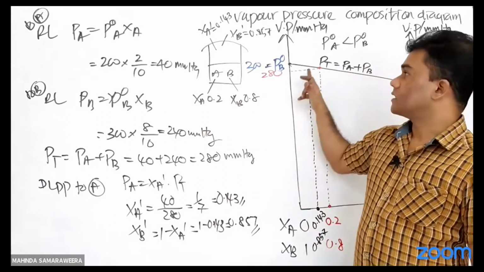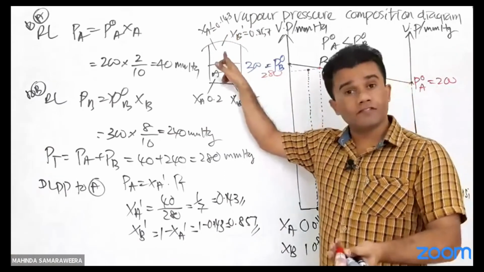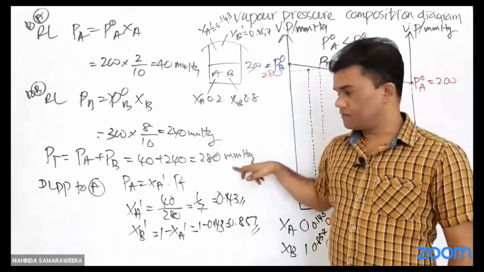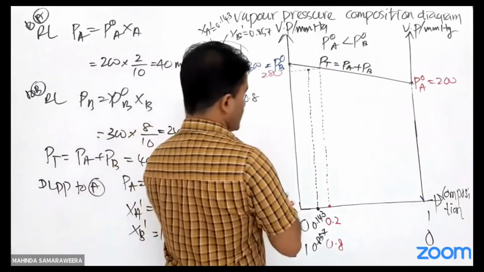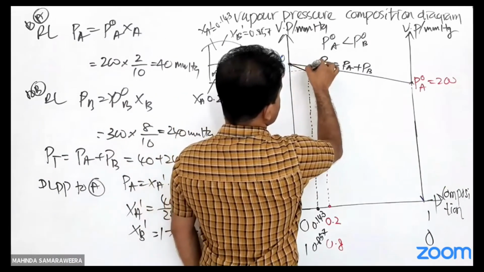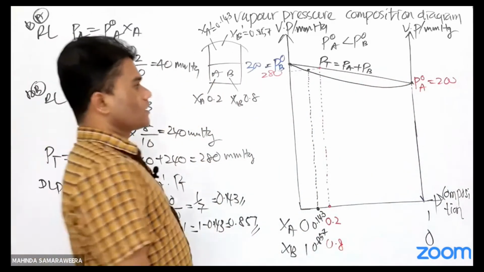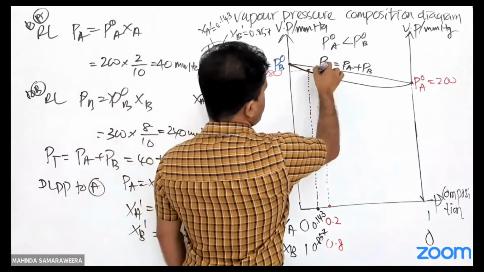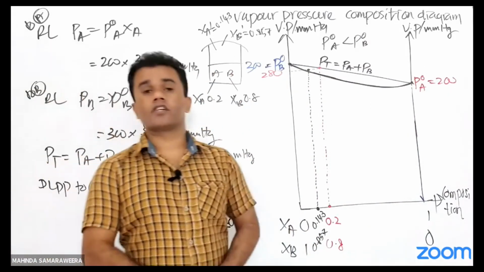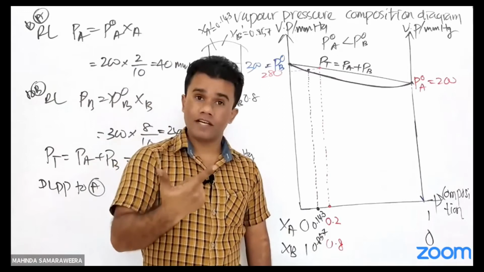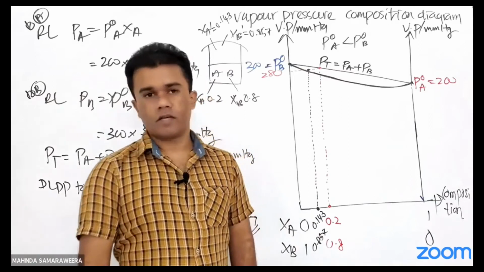But then I can use the same graph to represent the composition of components in the vapor phase at the given total vapor pressure. So when you draw a line like this, that line should represent the composition of components in the vapor phase at the given total vapor pressure.